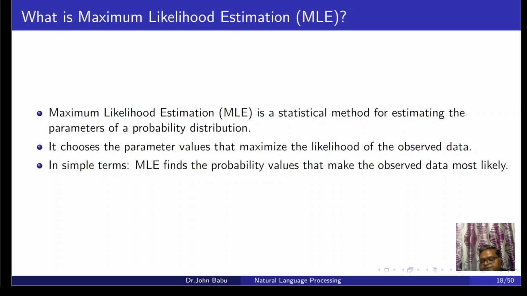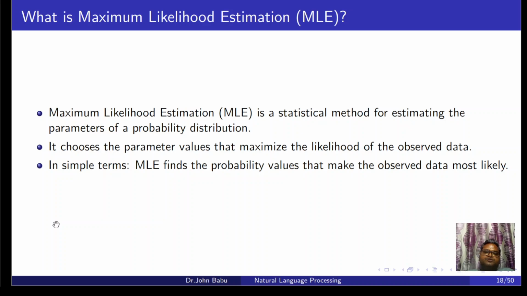Going further with language modeling, we will see likelihood and smoothing, maximum likelihood. If you remember the machine learning subject, in the Bayesian equation, we talked about likelihood. Maximum likelihood estimation is a statistical method for estimating the parameters of a probability distribution.